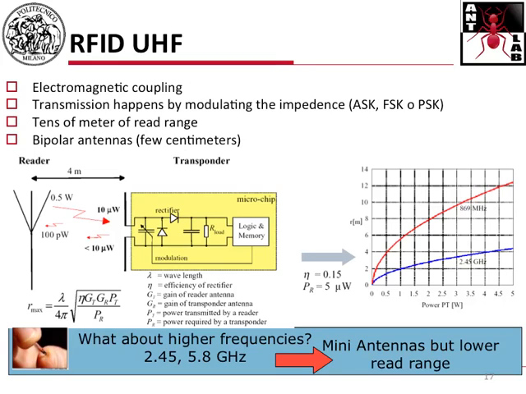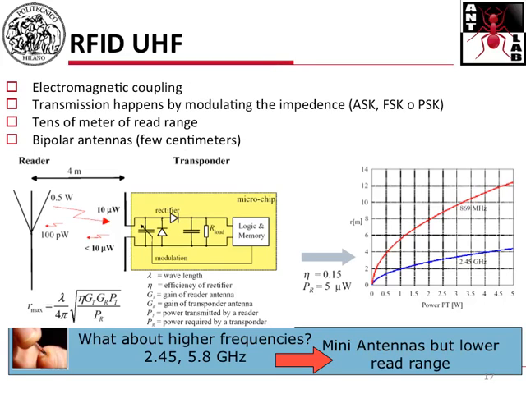at the tag. The tag then does what we have said before, so it gets current out of this electromagnetic field and then generates back a signal which goes out with a power of, again, a few microwatts.